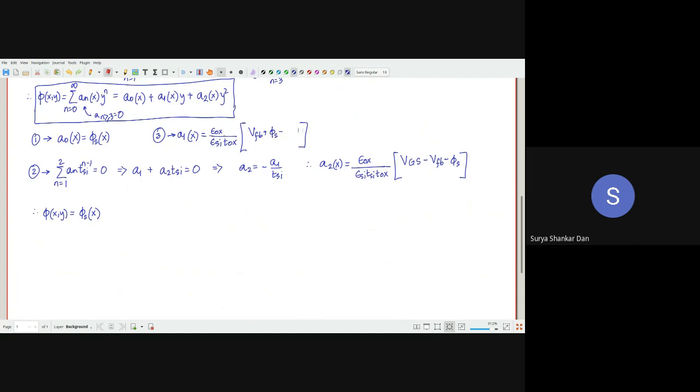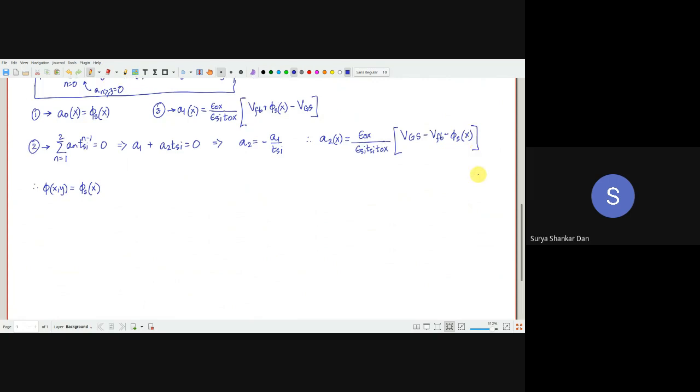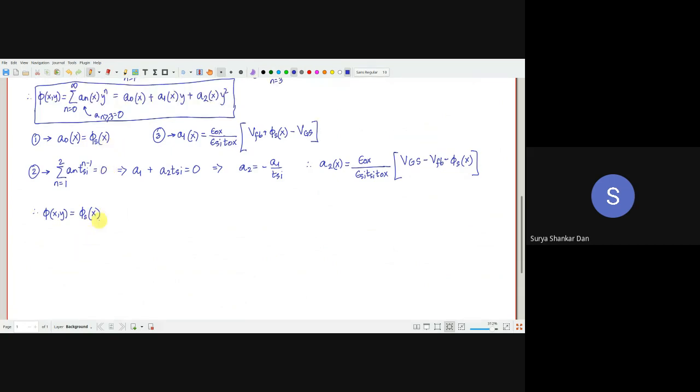This phi s. So phi s of x plus, notice there is a1 y, a1 is here, so let's keep it minus here.